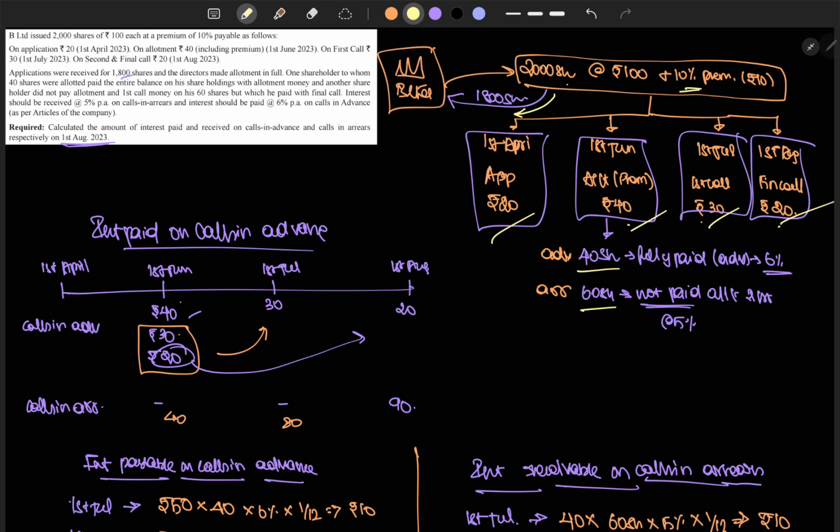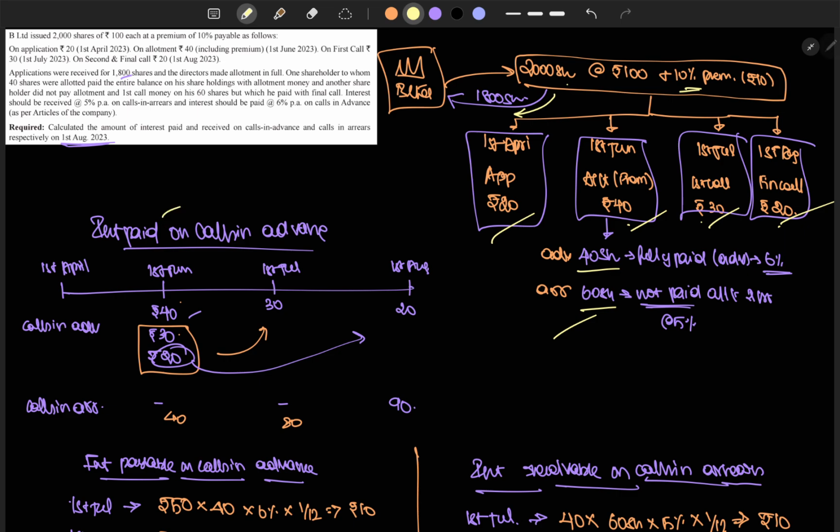On 1st June, we have received the money for 40 shares in a single payment, and at the same time we have 60 shares of arrears, which have not been paid on June as well as on July, and were fully paid on August. And what else about the interest?